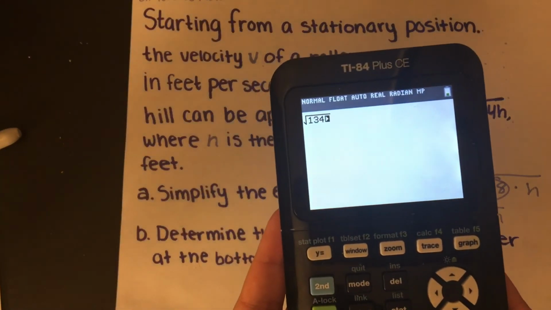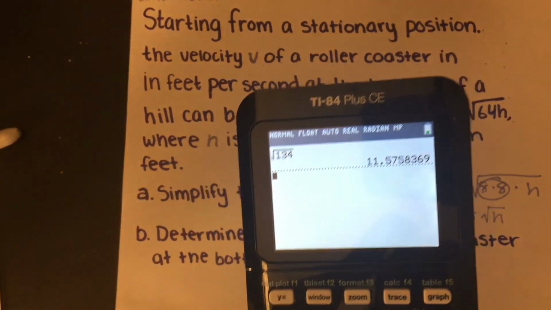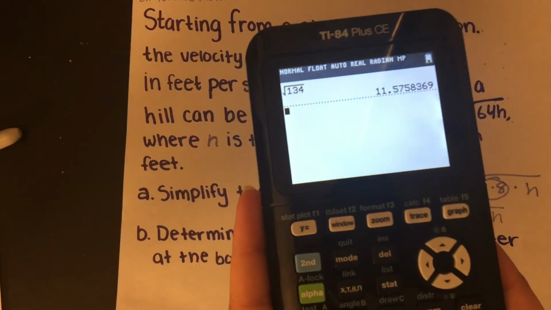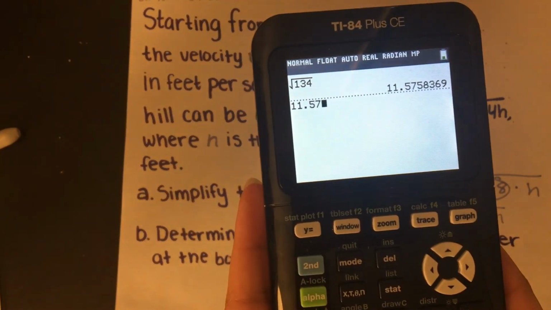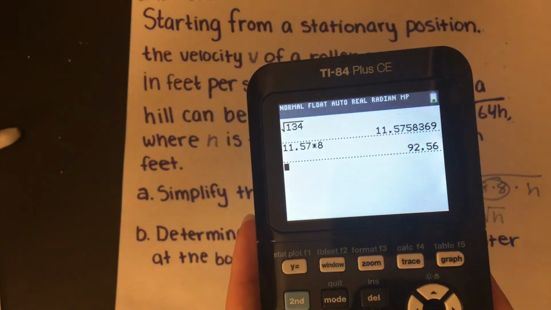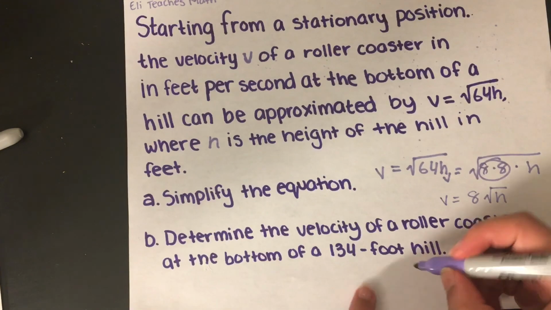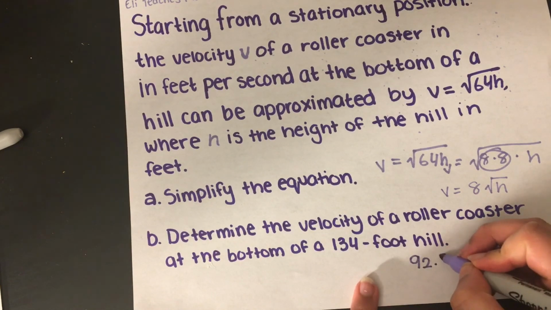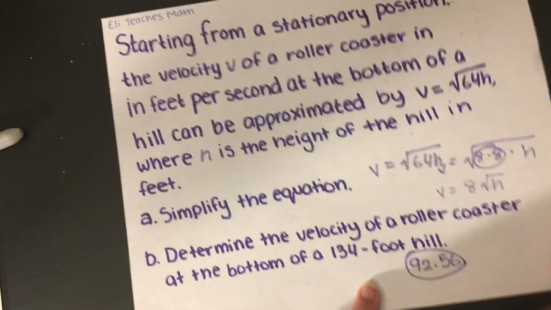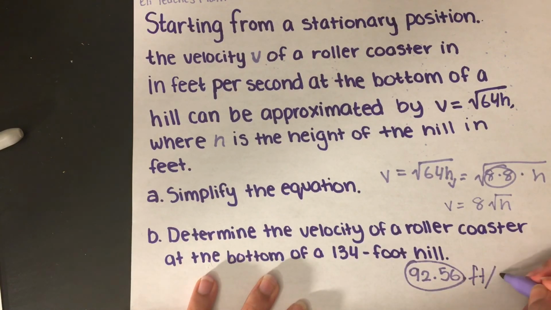So the square root of 134 is equal to 11.57. So we have to multiply that times 8 to reach our velocity. 11.57 times 8, and we get 92.56. So this is our velocity. And don't forget to put a label in feet per second.